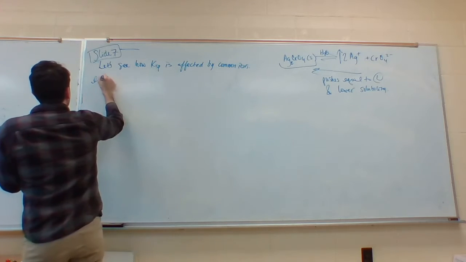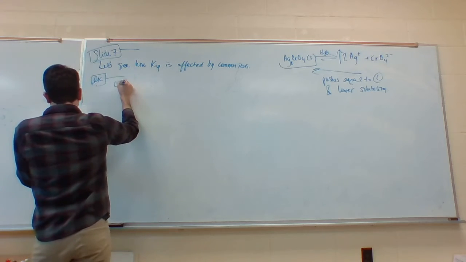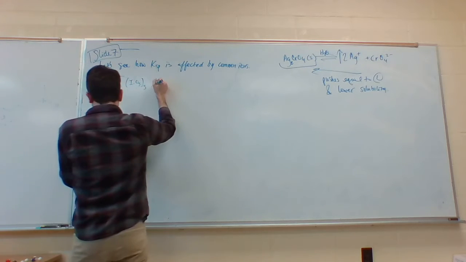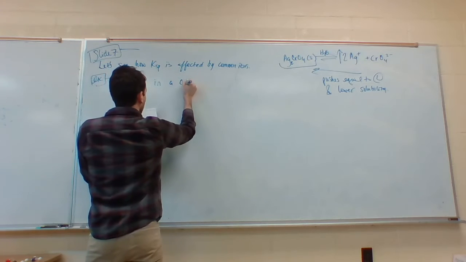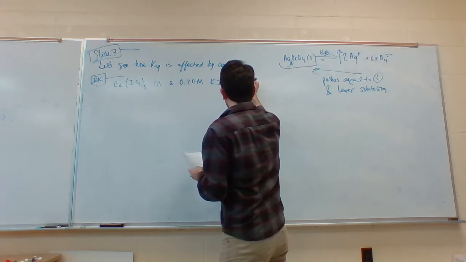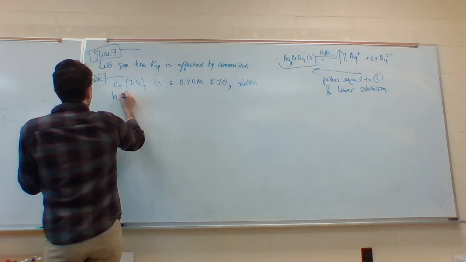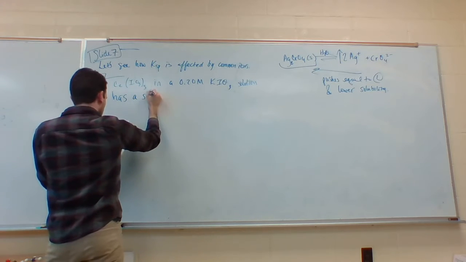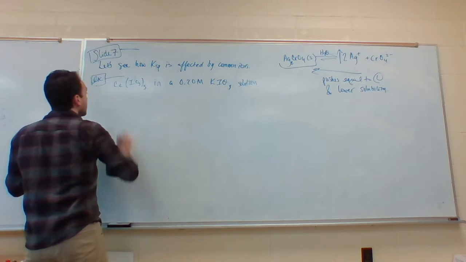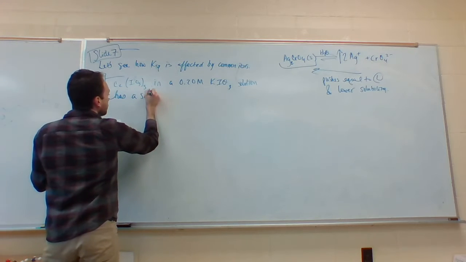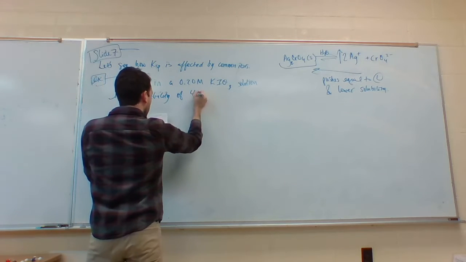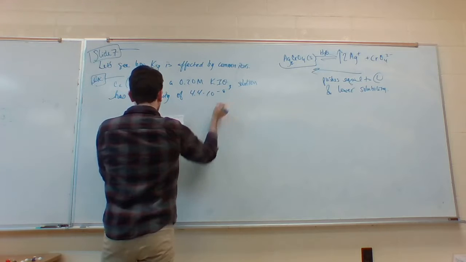All right, so the example on slide 7 is cerium iodate, CeIO3, in a 0.20 molar potassium iodate solution. So the cerium iodate has a solubility of 4.4 times 10 to the negative 8.